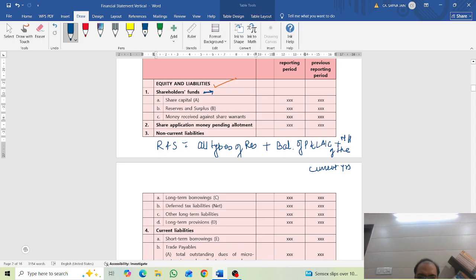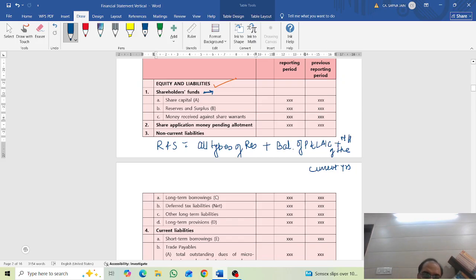For classification purposes, we have to consider the duration. If the liability is for a duration of more than 1 year, this is called long-term liability or non-current liability.